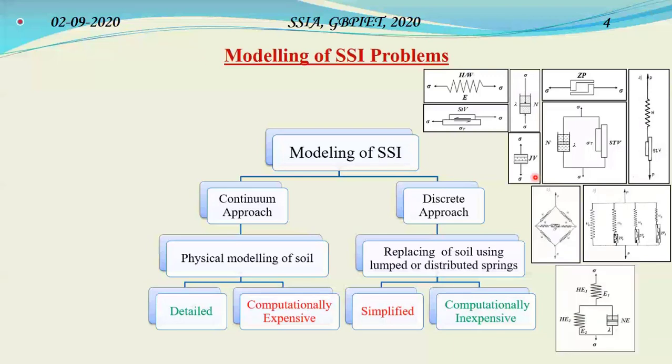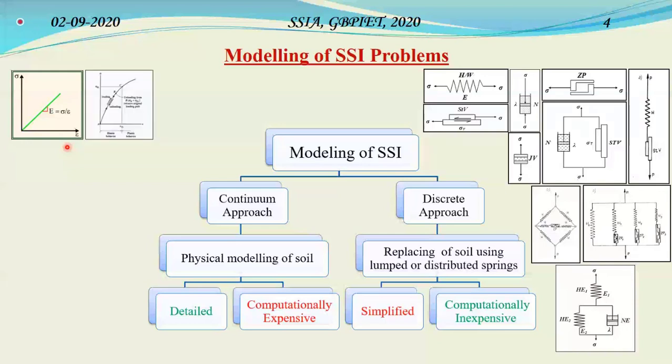On the other hand, in the continuum approach, we do not resort to these discrete elements. Rather, we provide or we deduce the stress strain time characteristics, or what is called the constitutive relationship. So we have a linear elastic relationship, as we understand through Hooke's law, where stress is proportional to strain. We may have a nonlinear elastic relationship.